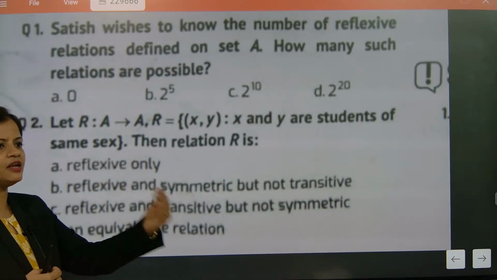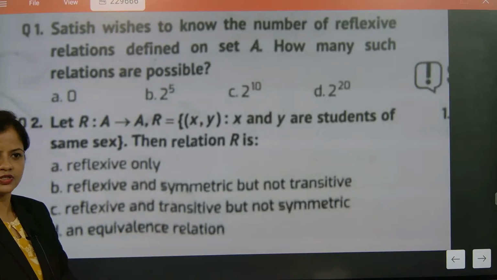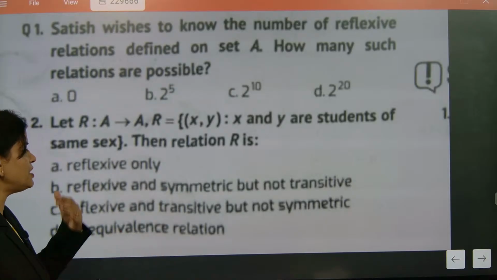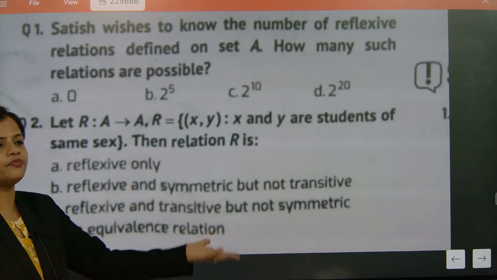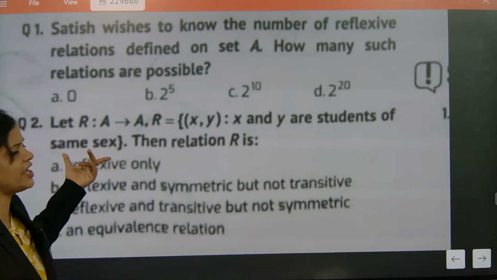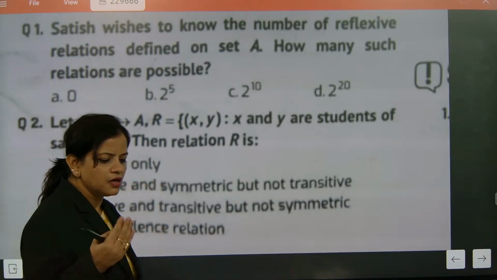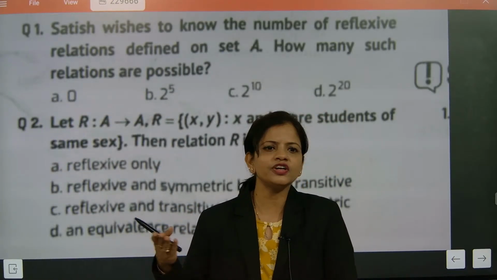Now what about symmetric? Yes, if me and my friend are there in the same class, we both are female, means our reverse is also true, correct? So me and my friend, three are ladies, understood? Three are female. Then we can make a transitive pair because they are telling that X and Y are students of the same sex. See, boys means what? Every boy will be exactly representing himself in a class. So it is reflexive.